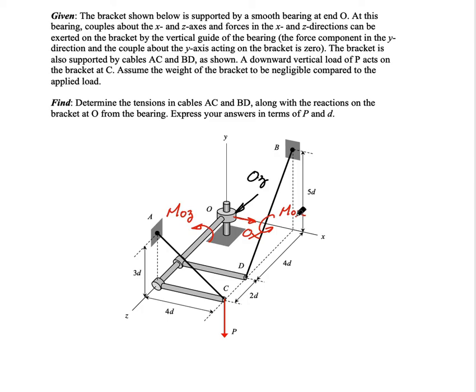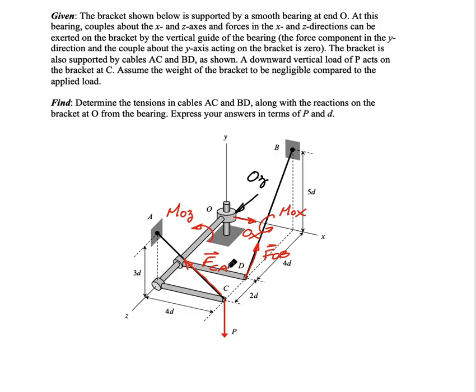The rest of the forces which act on this, we're going to have a tension force there of FDB, and we're going to have a force in cable AC acting from C to A, FCA.